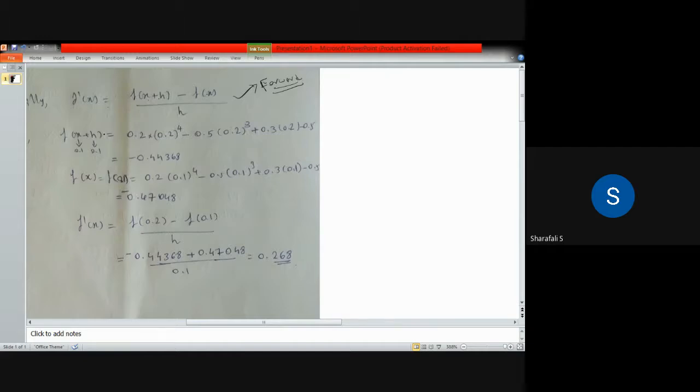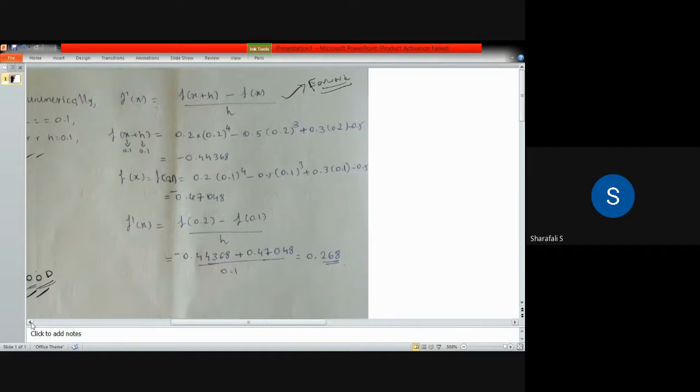So f of x plus h, what is the x value? X is 0.1, the point where we have to find df by dx. So x equal to 0.1, and let us consider h equal to 0.1. We are considering only one step, that is the difference between the x values, 0.1.